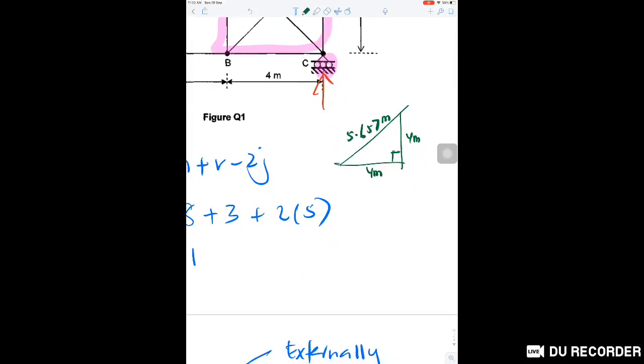So we do interpolation to get the horizontal value and the vertical value. So it is 4 divided by 5.657. It is equal to 0.7071.